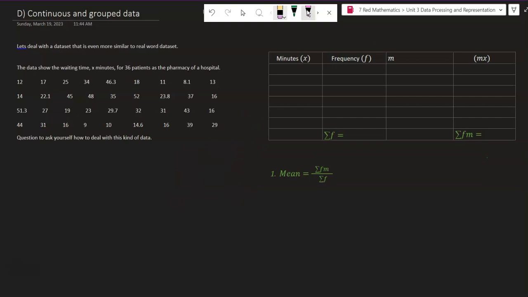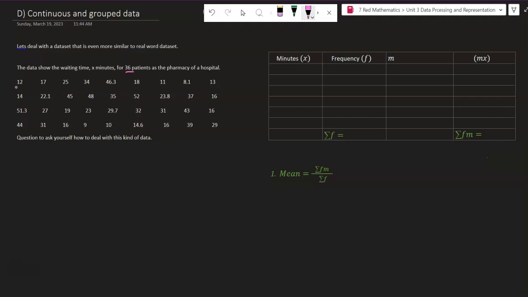The data shows the waiting time x minutes for 36 patients at the pharmacy of a hospital. So we have 36 values, we know it from here, and these are minutes.